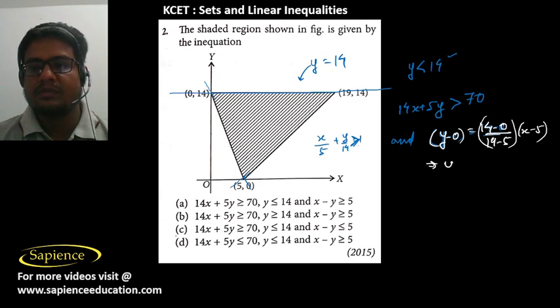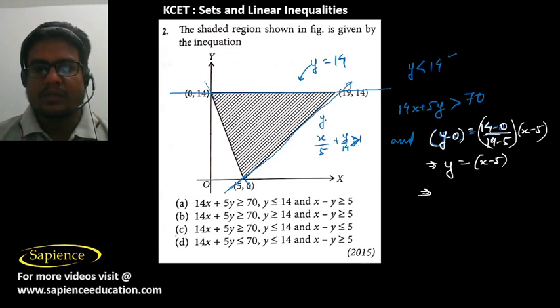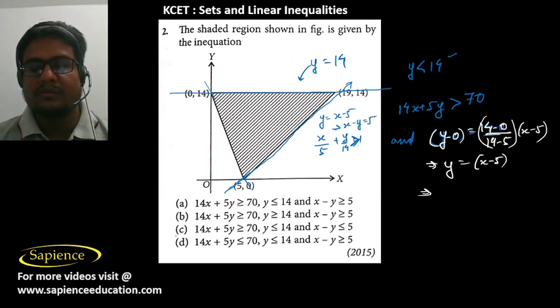So this equation will be y equal to 14 by 14, that is 1, into x minus 5. So the equation of this straight line is y equal to x minus 5, or we can say x minus y equal to 5.